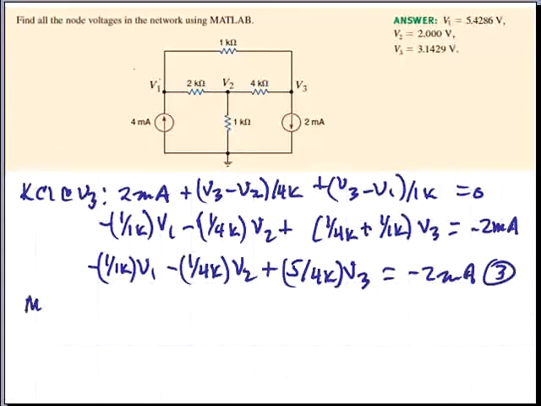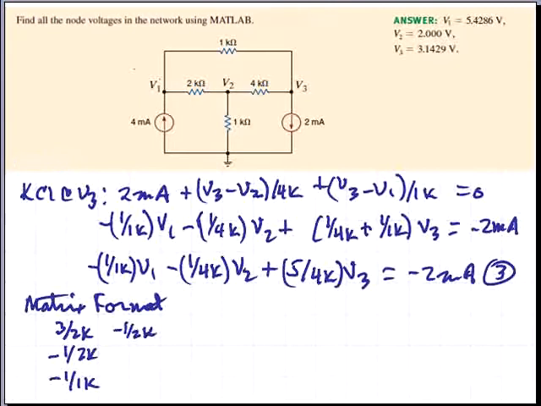If we put these into the matrix format, we will have 3 over 2K, minus 1 over 2K, minus 1 over 1K; minus 1 over 2K, 7 over 4K, minus 1 over 4K; minus 1 over 1K, minus 1 over 4K, and 5 over 4K.